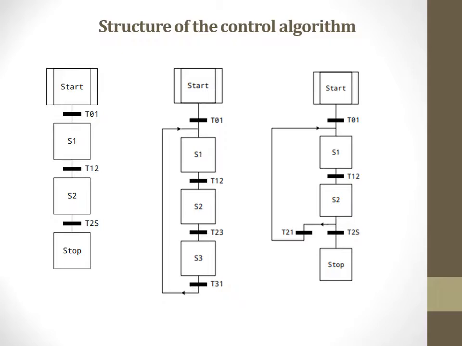As long as condition T21 is met, steps S1 and S2 are sequentially executed in a loop. After this condition, the stop step is switched to, which remains active until the application is restarted.